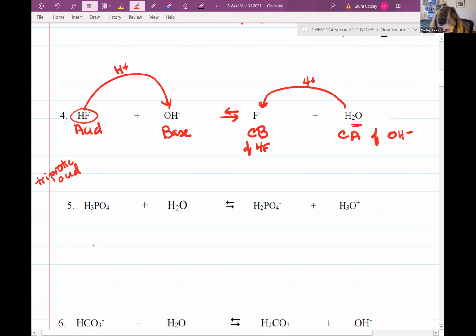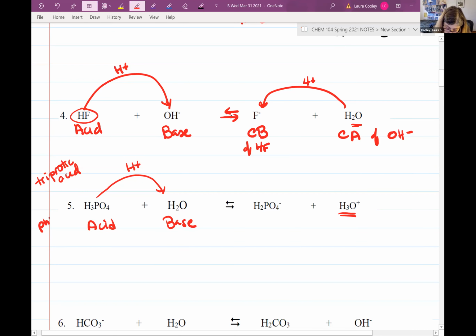This is pretty strong for a weak acid. It's a weak acid, but it's one of the stronger ones. So it donates a proton. And you could see that it's becoming H3O plus, so it had to receive that H plus. Water is acting as a base. Phosphoric acid is acting as an acid.